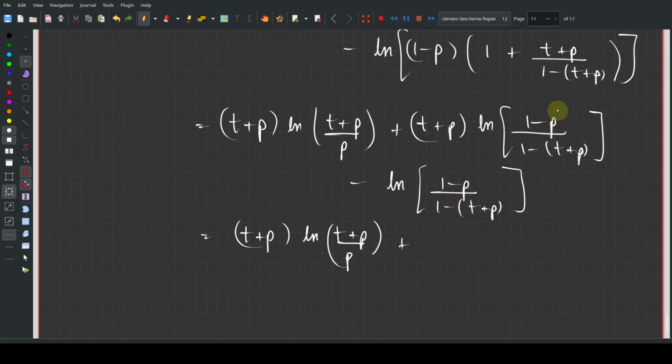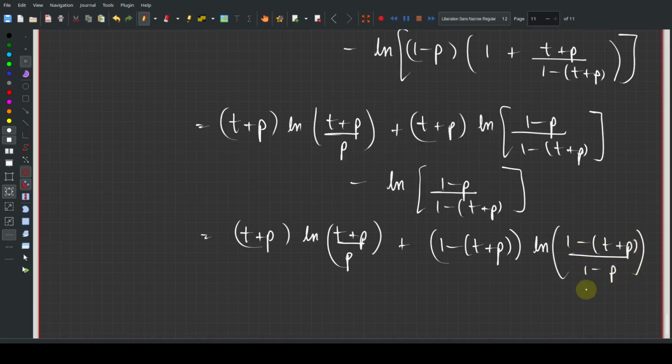Right? And I see that within the log, both these terms have the same quantity. So this is 1 minus t plus p times log of 1 minus t plus p by 1 minus p.